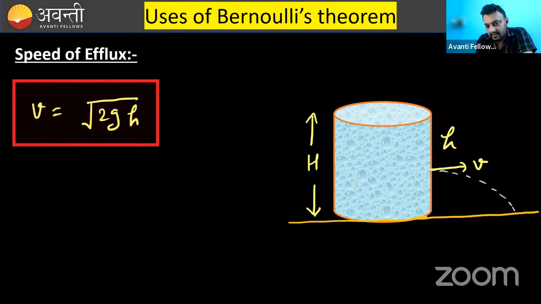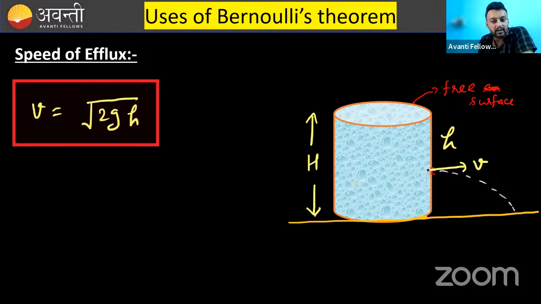What it is, listen: this is a container. In this container, from the free surface, mark my word, at a depth h, there is a hole from which liquid is coming out.